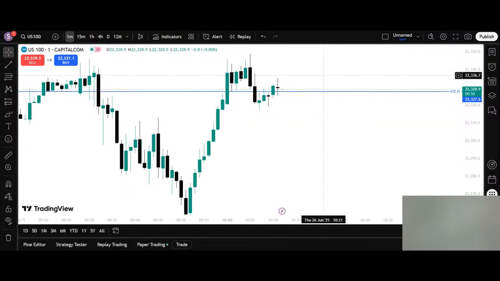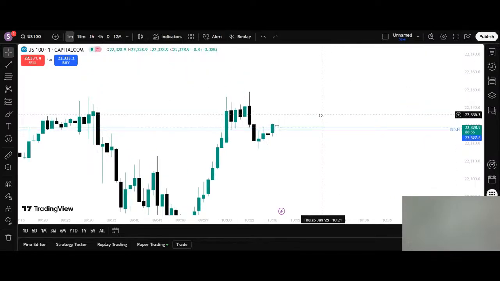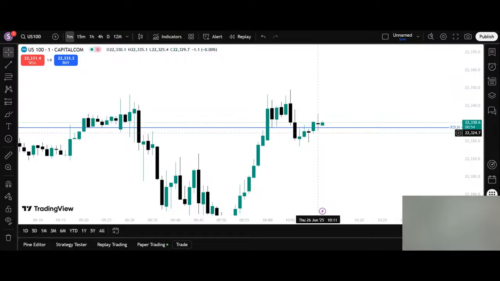It did not get a good entry, but I might buy if price makes a bullish FVG with momentum over here. Price has closed this bearish FVG with this candle, violated, you can say.